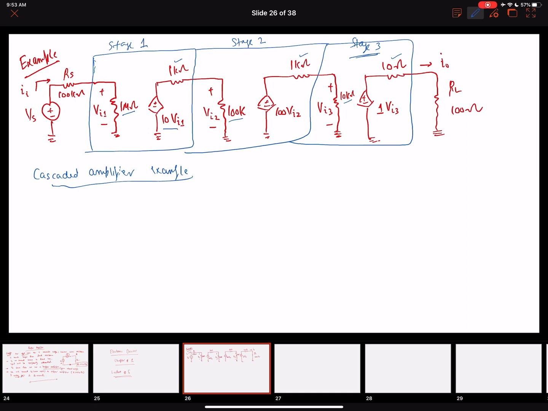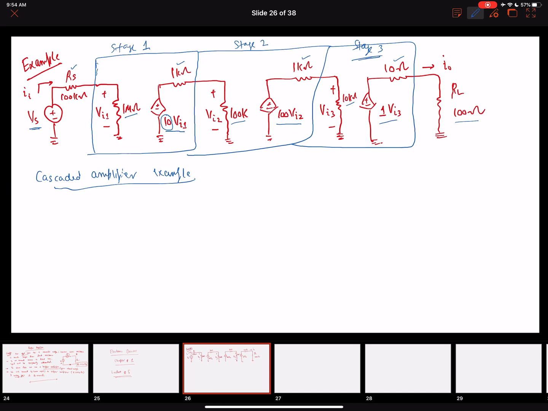For the first stage, it is 10 as a gain factor. This is for the second stage with 100 as a gain factor, third stage with a unity gain. And then we have a source voltage that is attached that we want to amplify using this cascaded structure. We have a source resistance, 100 kilo ohms over here. And now this entire thing is connected to a load with a 100 ohms value.